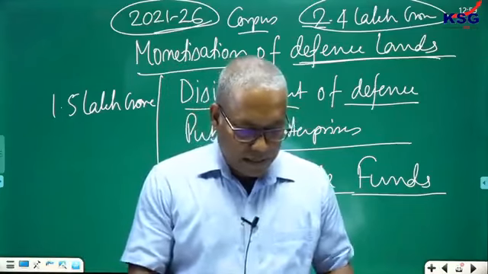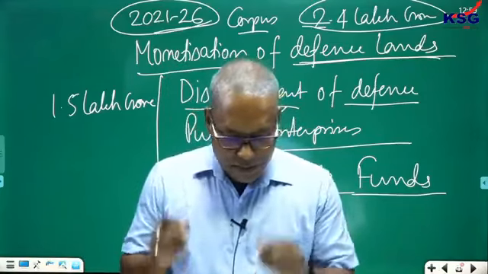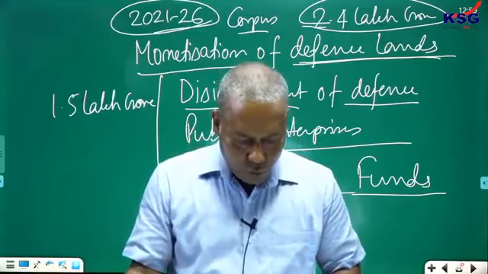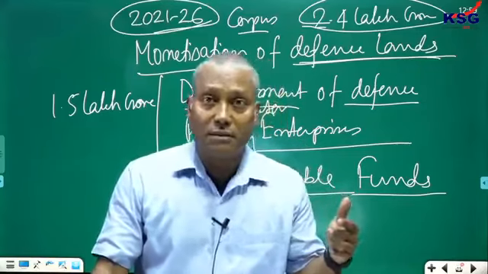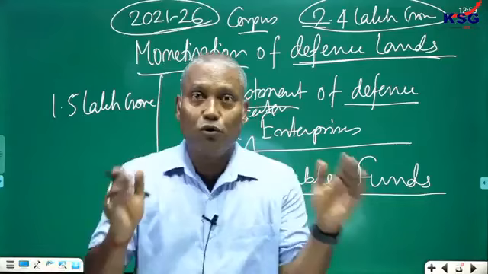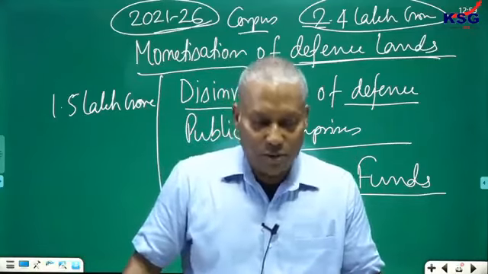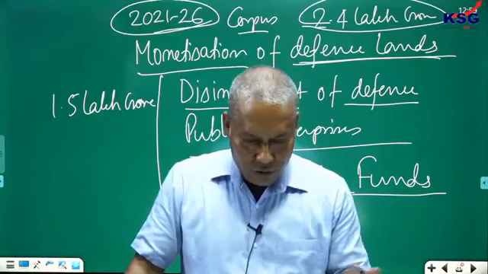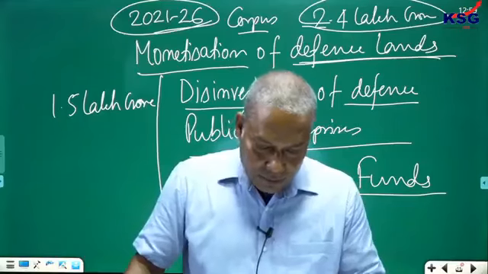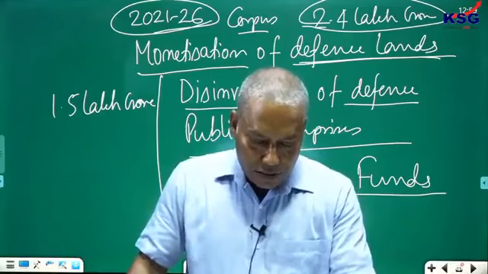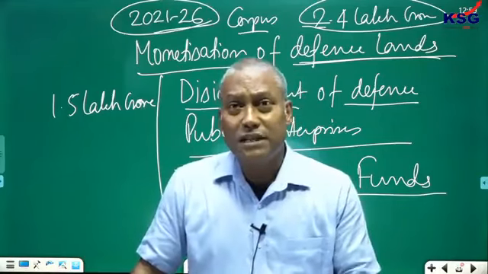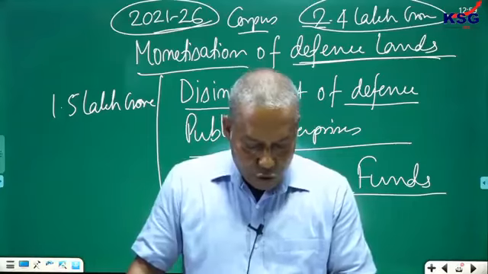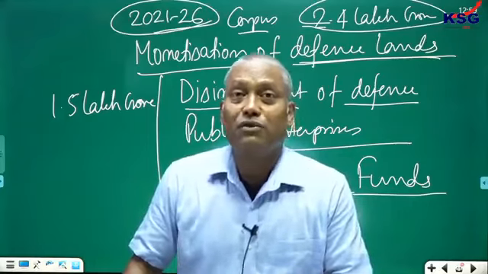If you see the total 15th Finance Commission 2021-26, taking the whole 5 years, the final report, the highest amount goes to UP, as generally UP gets due to population and other things. UP is getting 17.939%.